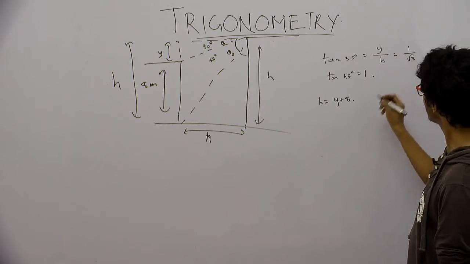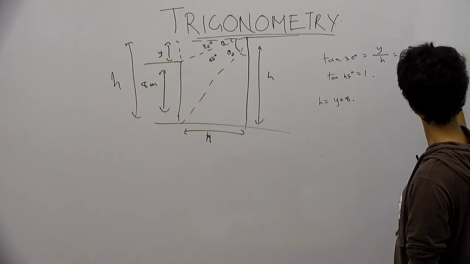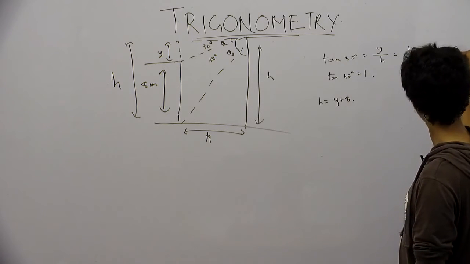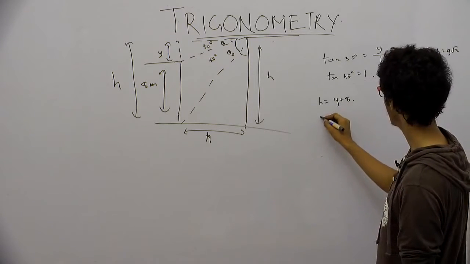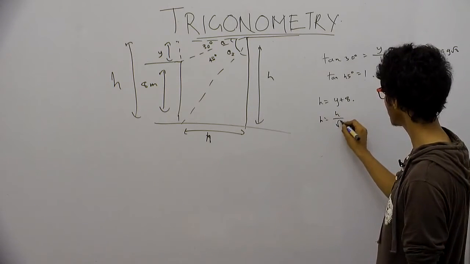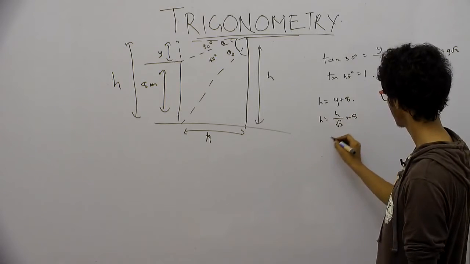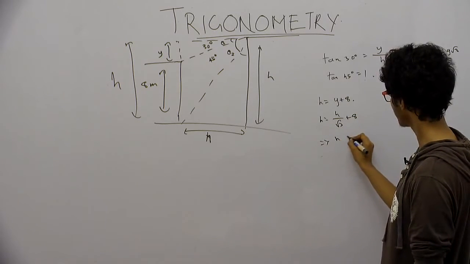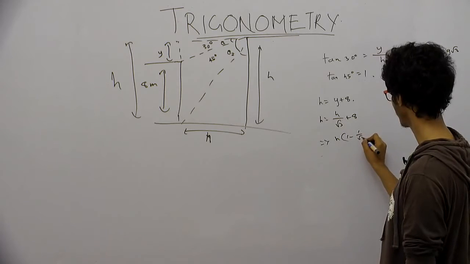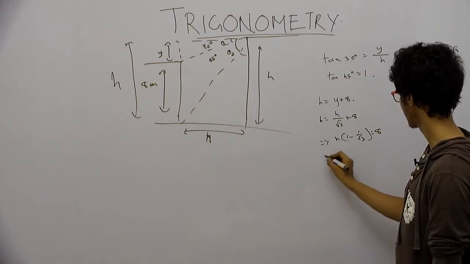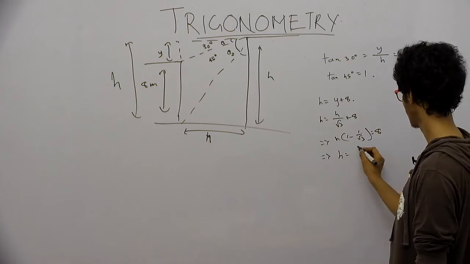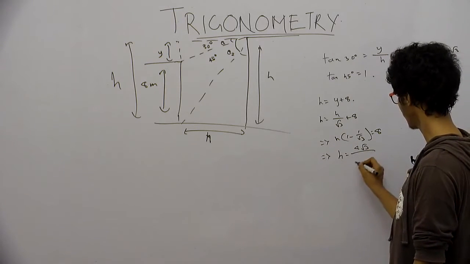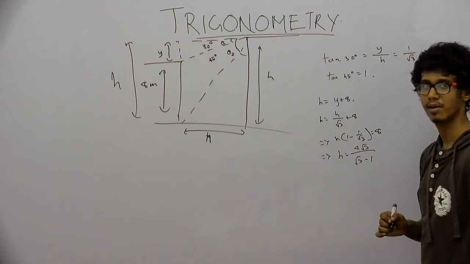From here we deduce that h equals y root 3. So we substitute y equals h by root 3 plus 8, which implies h times (1 minus 1 by root 3) equals 8, so h equals 8 root 3 divided by root 3 minus 1.